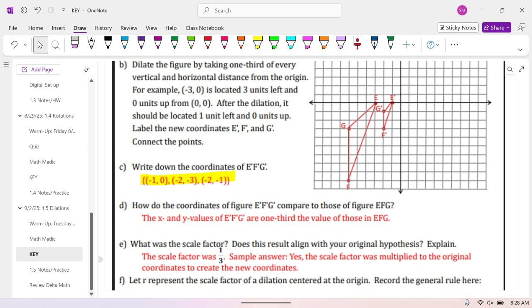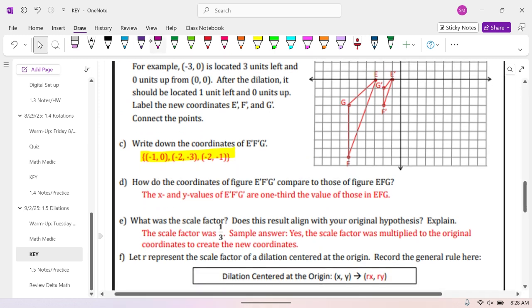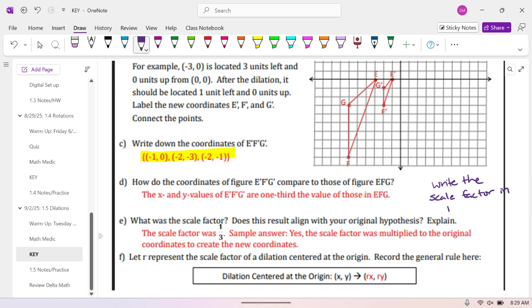So yes, we're still dilating, but our scale factor is 1/3. So make a note that when you write the scale factor, you write it in terms of multiplication.